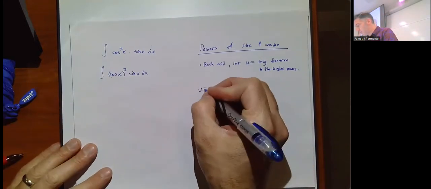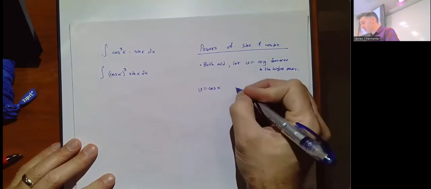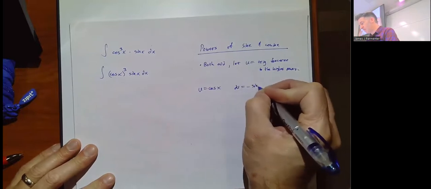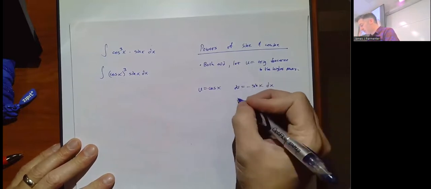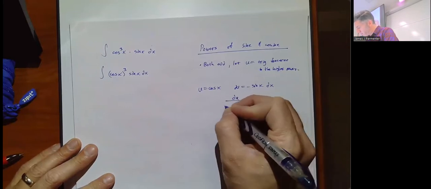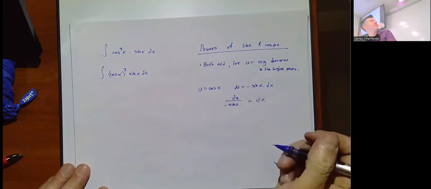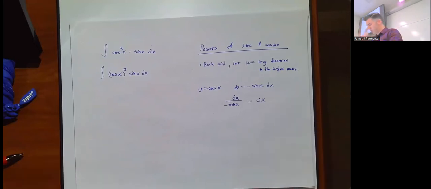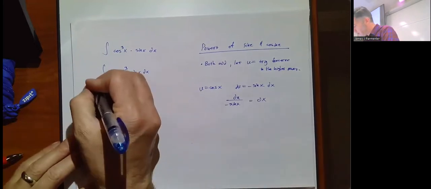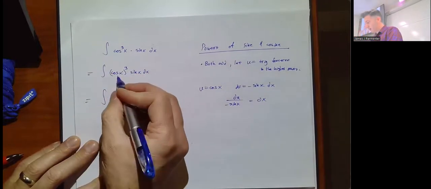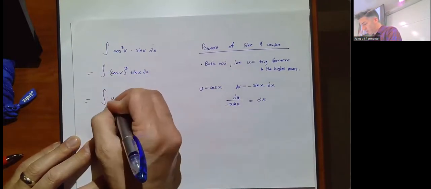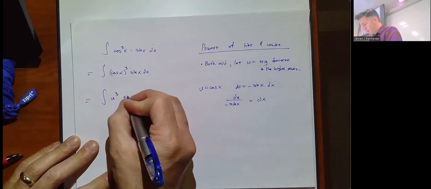So if we let u equal cosine of x, our du is negative sine of x dx. And I guess if we do it this way you're doing in class. Sorry, I obviously don't like doing it this way, but it's totally fine. I'm just biased. So this is going to equal cosine of x cubed is going to be our u cubed. Still have that sine of x there.